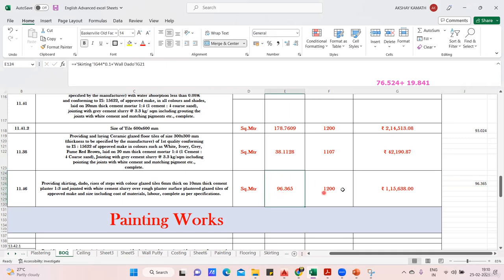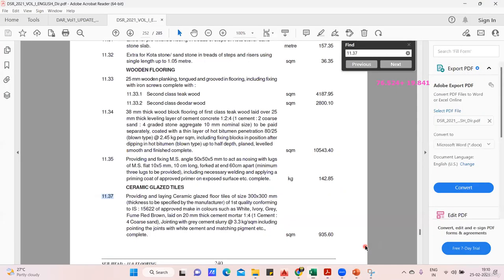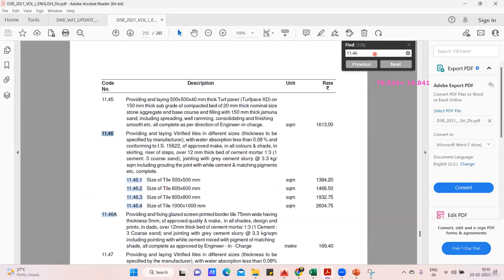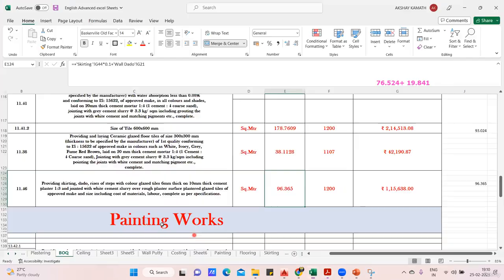Okay, fine. Again, for that rate, I can go to 11.46 in SOR. 11.46. Done. So here you can see providing and laying tiles in different sizes of approval in all colors. 11.46. Okay. Fine, fine. No, here this is not 11.46. Have to go back.